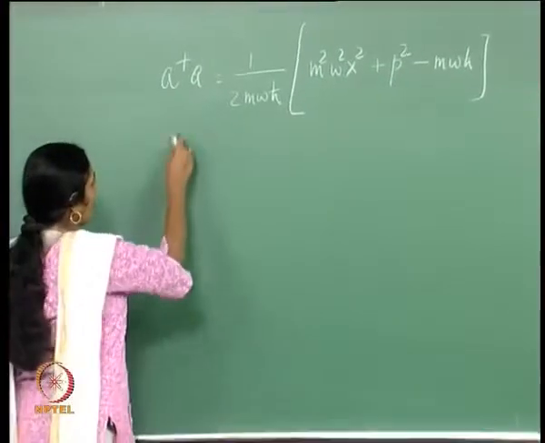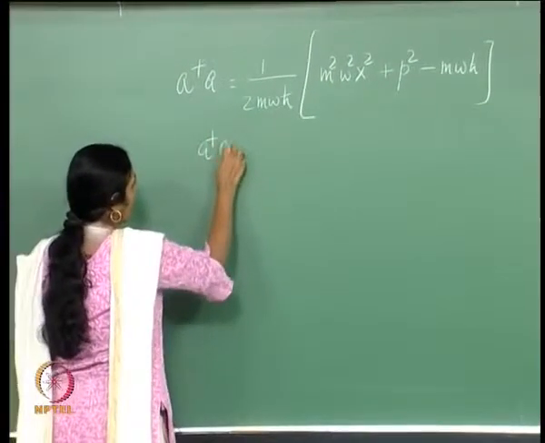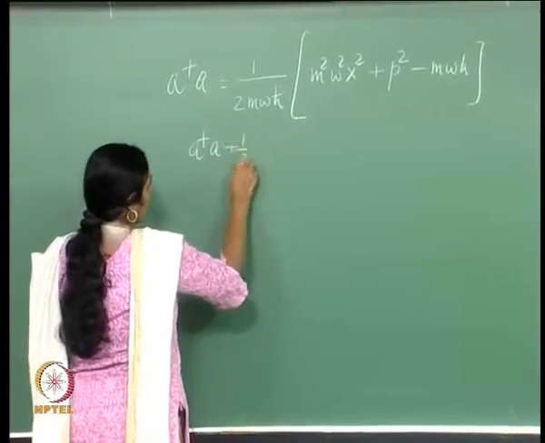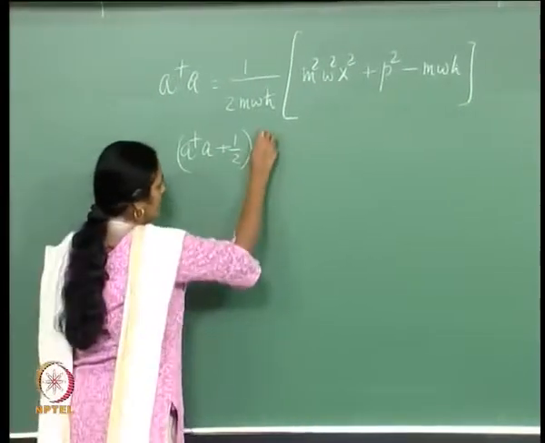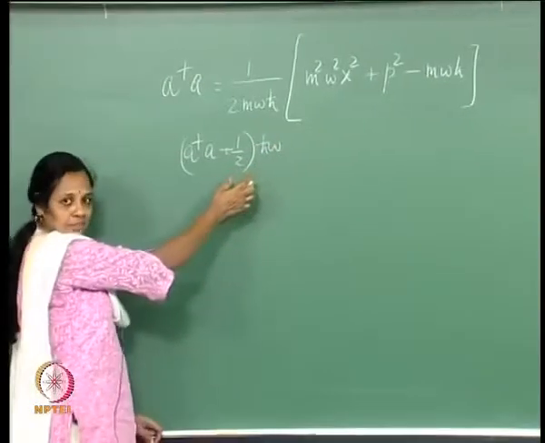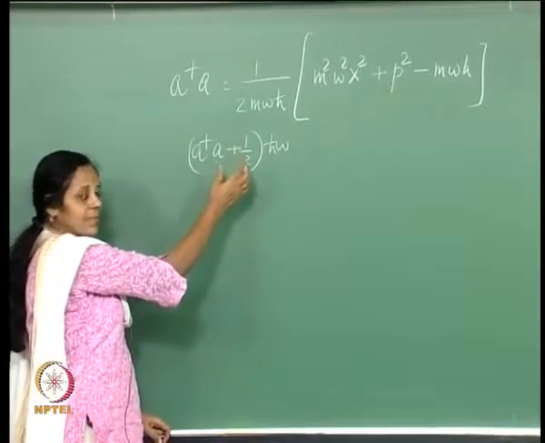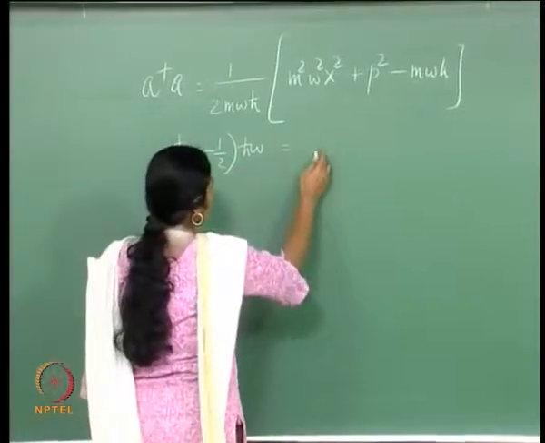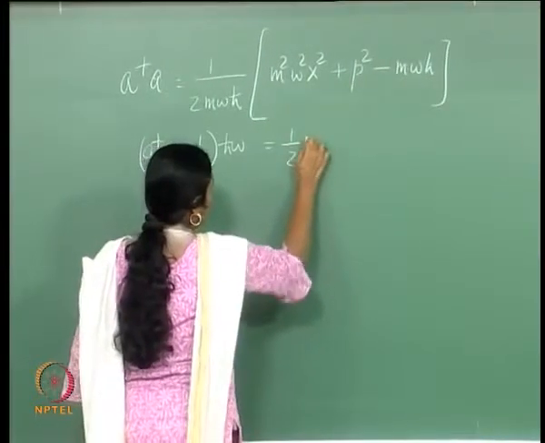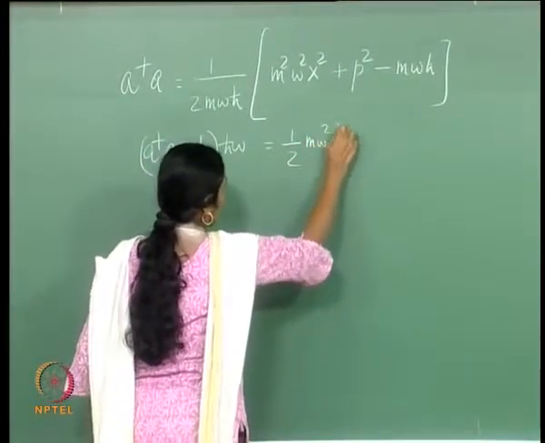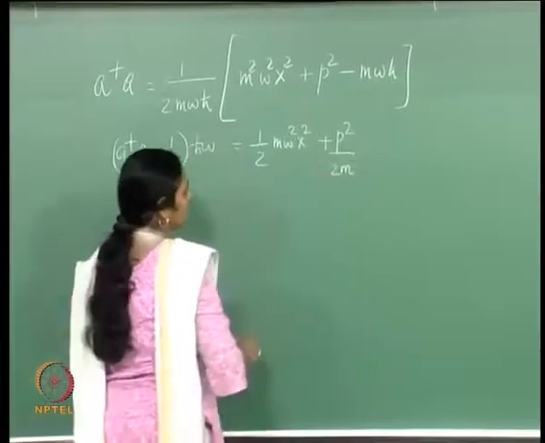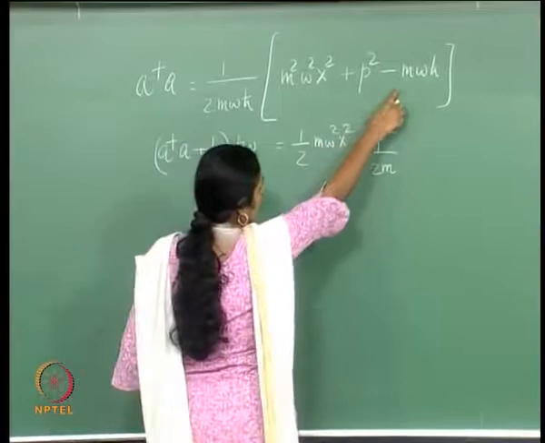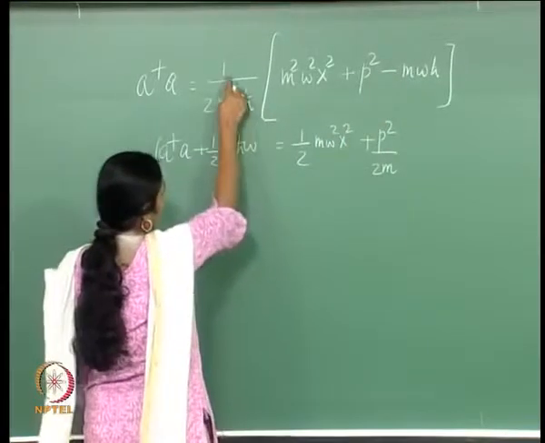So, it is okay as it stands, and now we can check that a dagger a plus half h cross omega to give me dimensions of energy is simply half m omega squared x squared plus p squared by 2m. All I have done is pull out this factor.